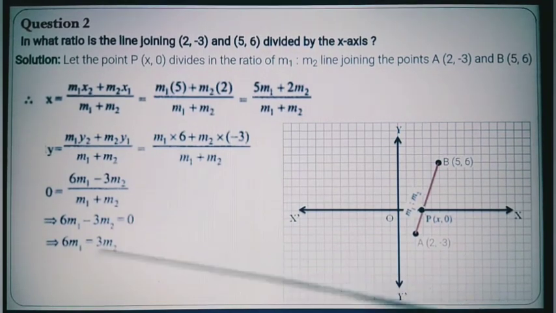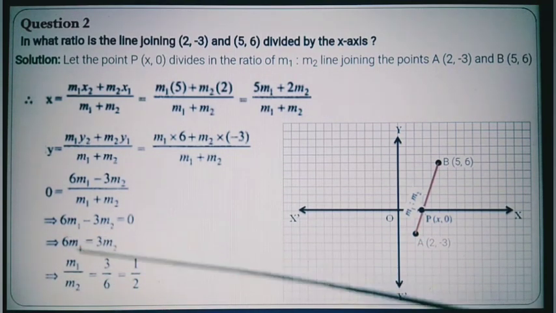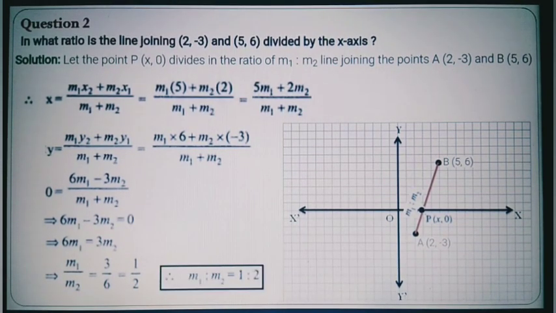So get this M2 to the denominator and get the 6 to the denominator. So you'll get M1 by M2 equals 3 by 6. So when you cancel 3 and 6, you'll get 1 by 2. That is M1 by M2 is equal to 1 by 2. Means M1 is to M2 is 1 is to 2. So we were asked to find the value of M1 is to M2, which we have found.